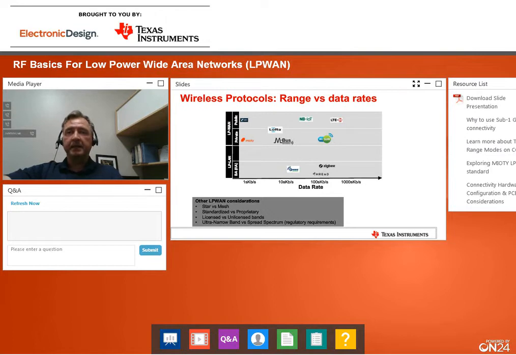That is the point of getting to a standardized Sub-1 GHz protocol, and therefore driving prices and adoption rate higher. So we see Wi-SUN as being very critical for the future of LPWAN technologies. Of course, down here, we have the home area networks like Zigbee and Thread, and they're outside the scope of this discussion.